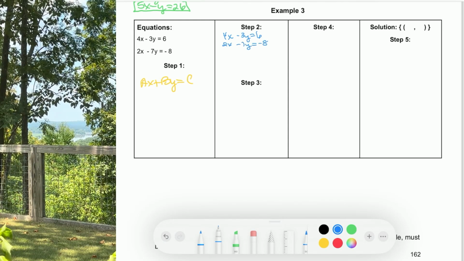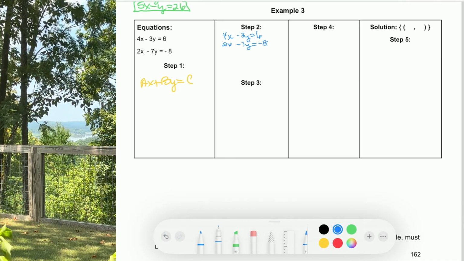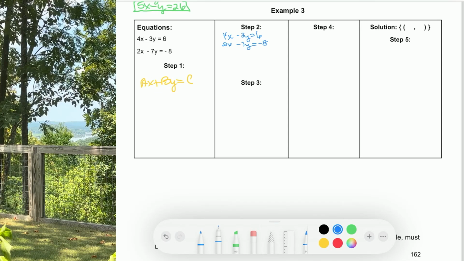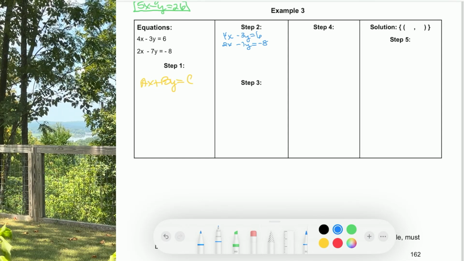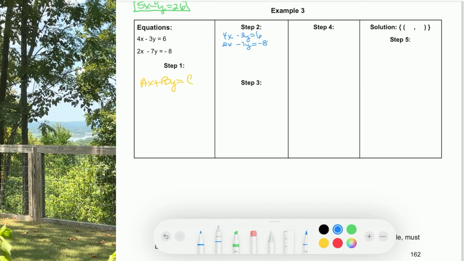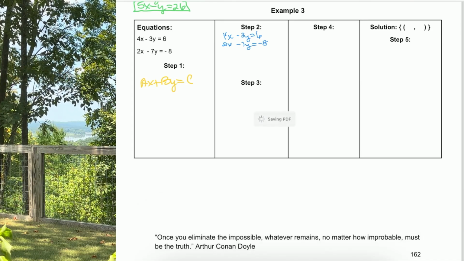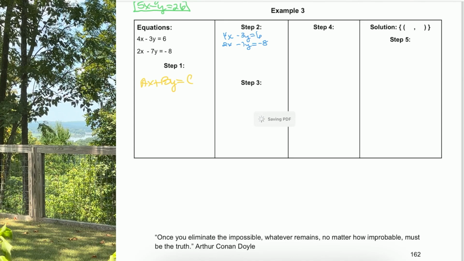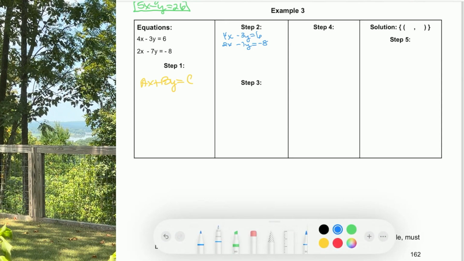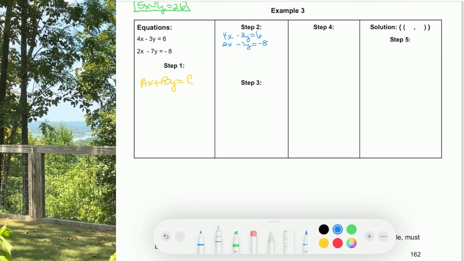All right, so now what we've got to decide is which pairing, our x's or our y's, will be the easiest to make match each other with opposite signs so that we can cancel them out. I can get my x's to both be a 4 by just multiplying my second equation by a negative 2 so that we have a 4 with opposite signs.